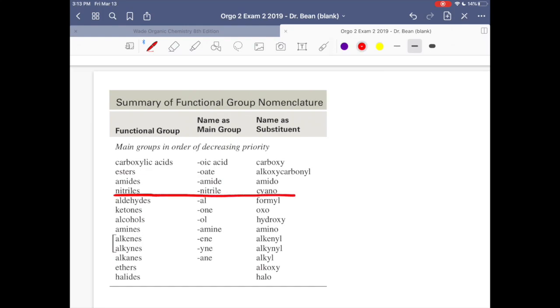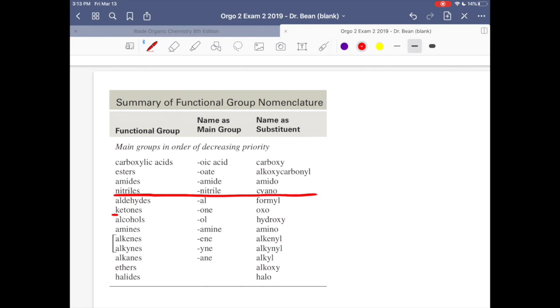Basically right here. So when we were in Orgo 1, we stopped at the alcohols being the highest priority group. That's what's really nice about this table, is that it orders it in the direction of highest priority at the top, all the way down to your ethers and your halides at the very bottom. And in Orgo 1 and for the last exam of Orgo 2, we got up to alcohols as our highest priority group.